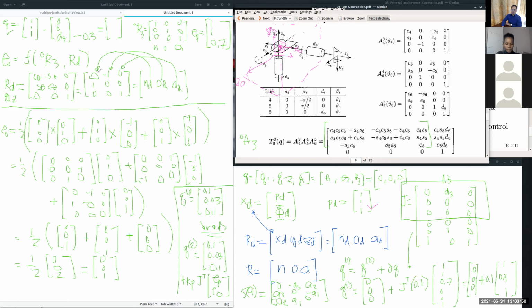We assign our R desired to be a 90 degree rotation about the Z axis. If you run this in MATLAB, you can see how the position and the orientation change as you step into the computation.